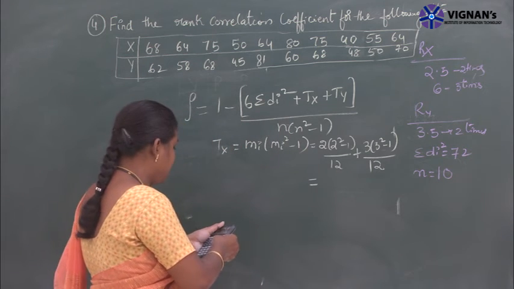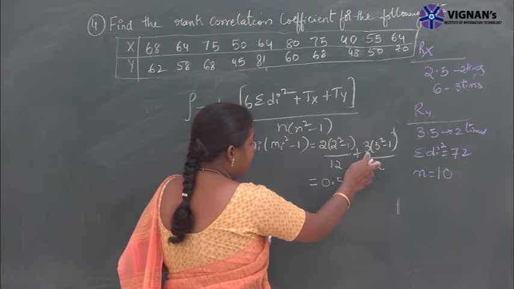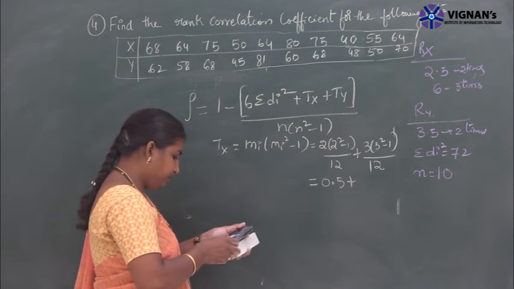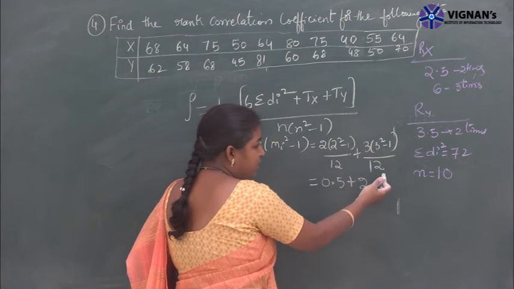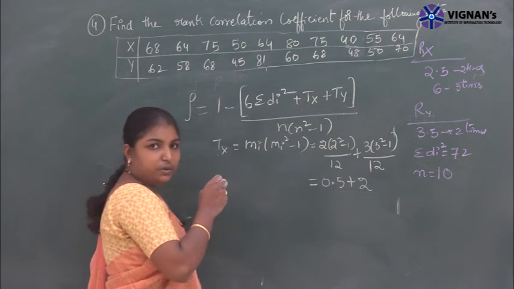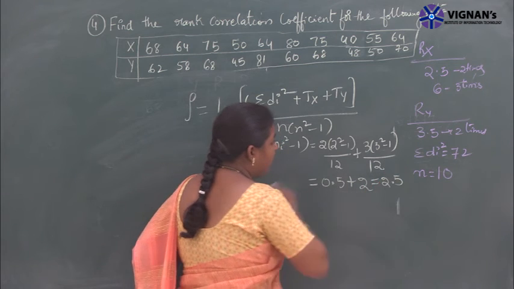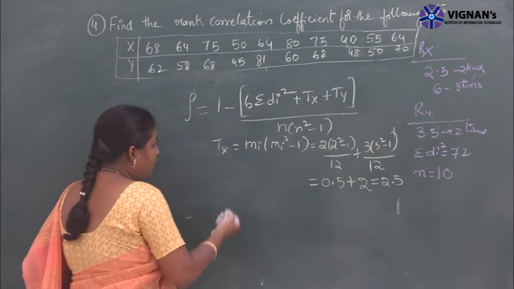This value is equal to 0.5 plus, and 3 into 3 square minus 1 by 12, 3 into 8 by 12, that value is equal to 2. So adding these two values, we get 2.5. Same as it is, we are finding for ty also.